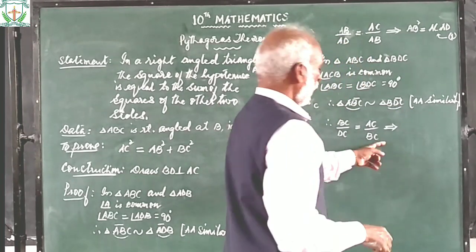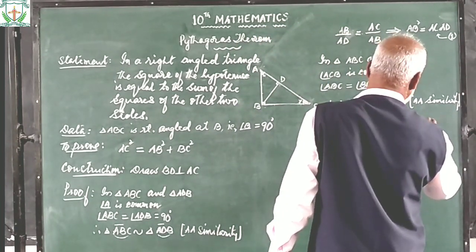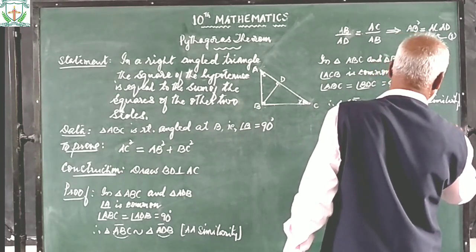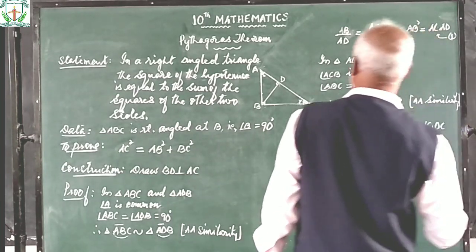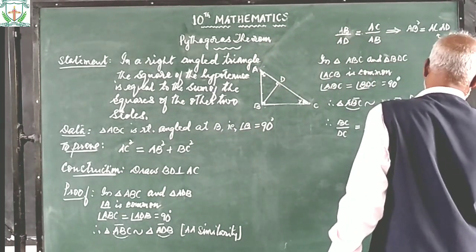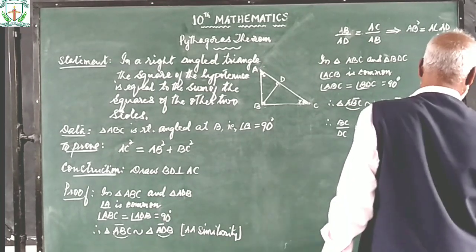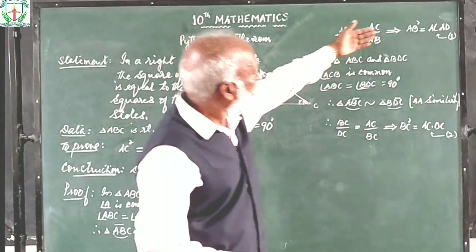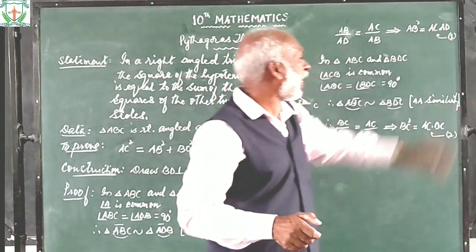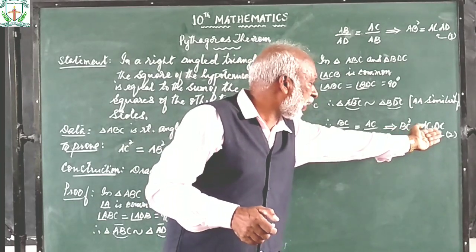Implies on squaring you get BC square is equal to AC into DC. So let it be the second relation. So we have got two relations. One is AB square is equal to AC into AD. The other one is BC square is equal to AC into DC.